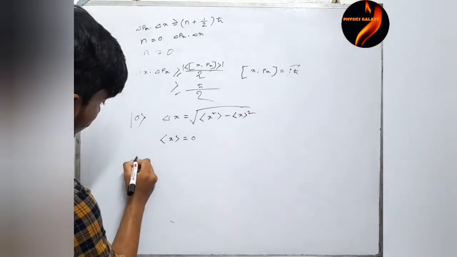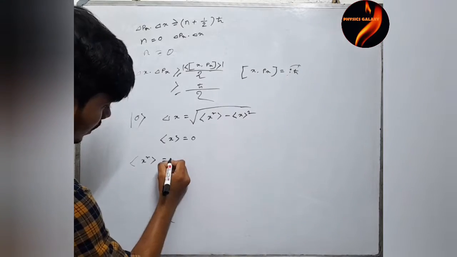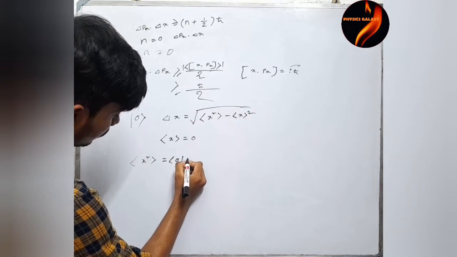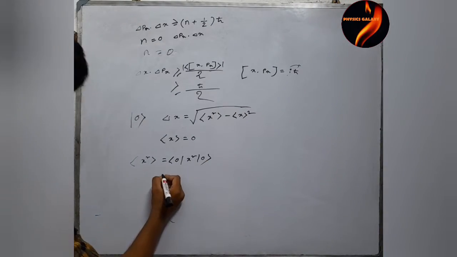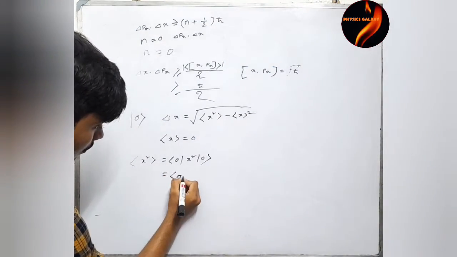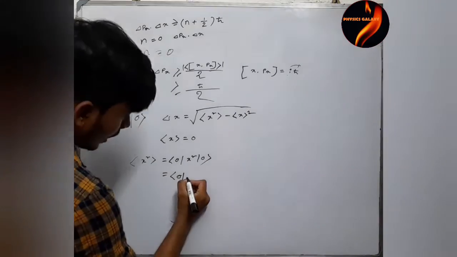And we need the x square expectation value for the ground state, and we can write x square in operator form like that.